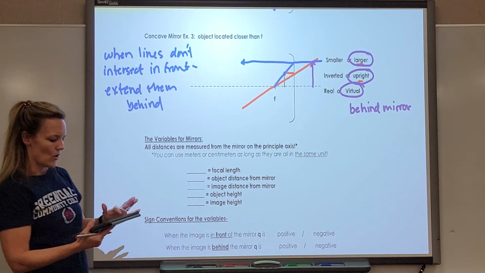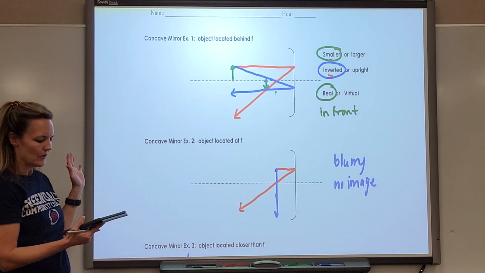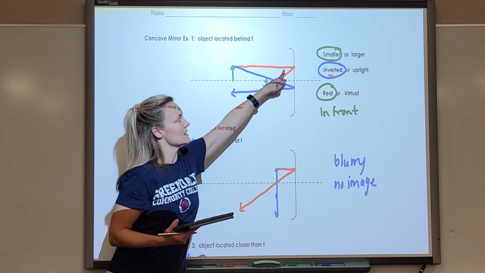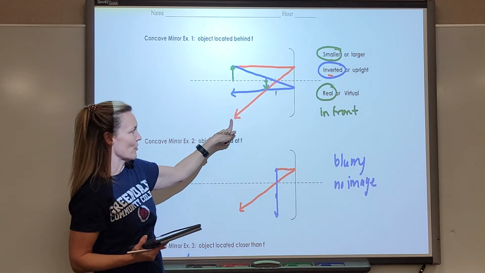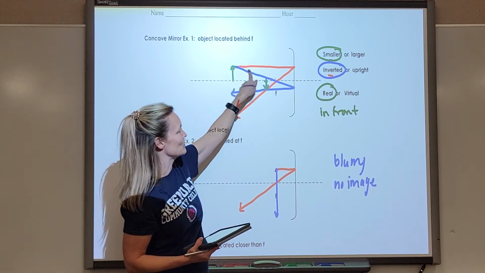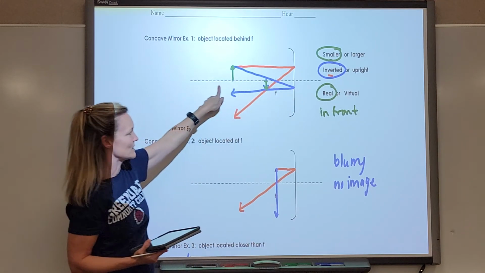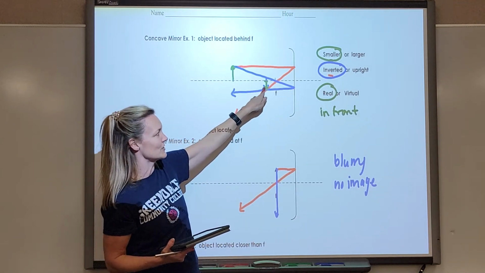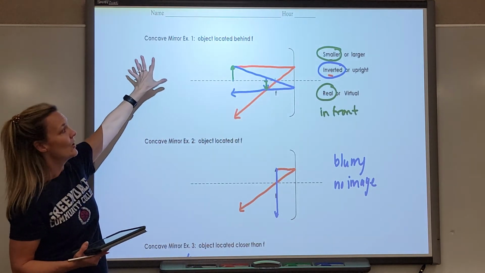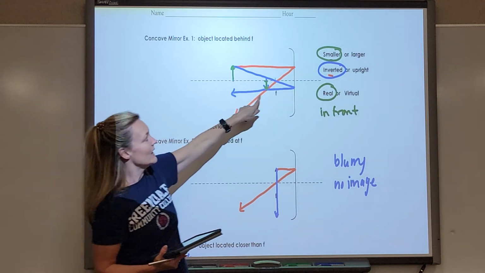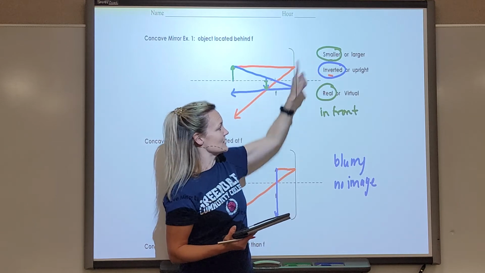All right, so quick recap. First light ray goes straight to the surface of the mirror, bounces through the focal point. Second light ray goes through the focal point on the way to the mirror, bounces back straight. We look for where they intersect. If you are far away from the mirror, it will be upside down and smaller.